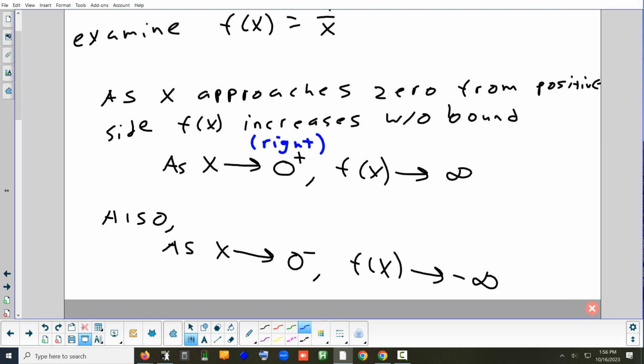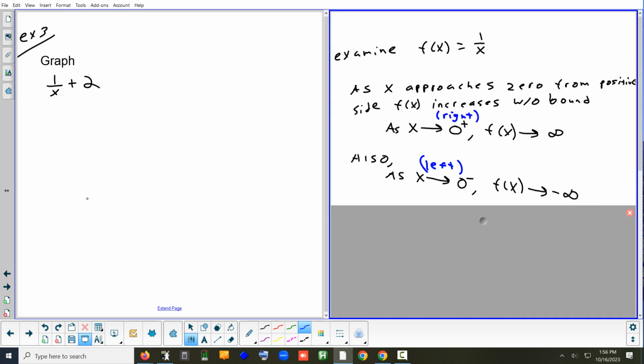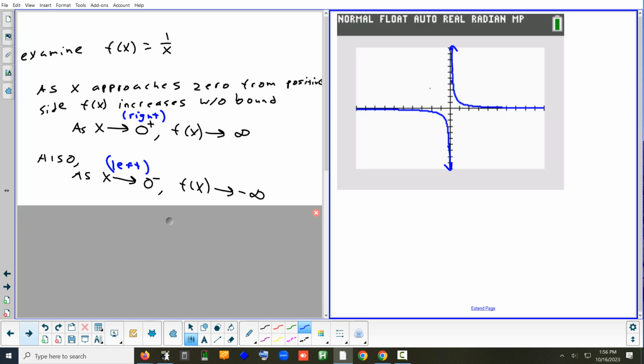As you approach 0 from the left side, that's what the bottom one says, your graph all of a sudden goes down to negative infinity. And there's your picture to go with it.